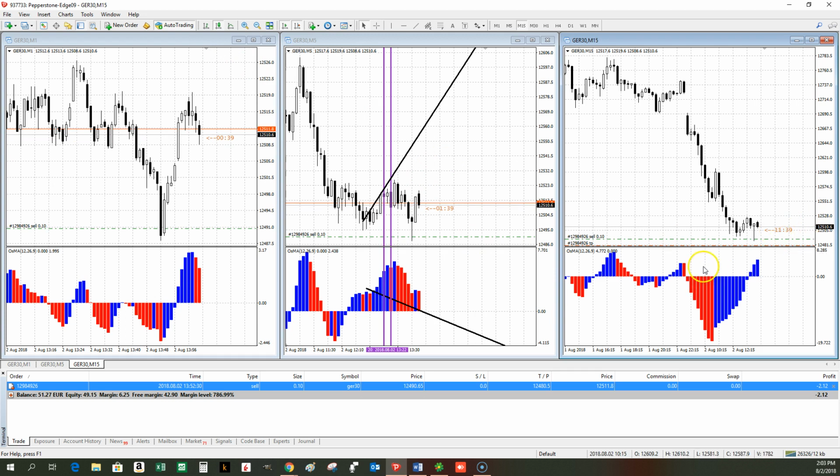As you can see on the 15 minutes, we still have blue bars on the moving average of oscillator, meaning that it's probably gonna go up. And I want to see that we're really gonna have a nice reversal.